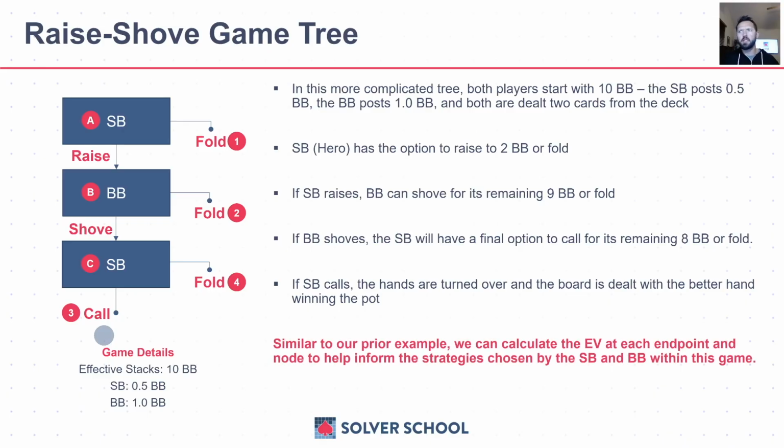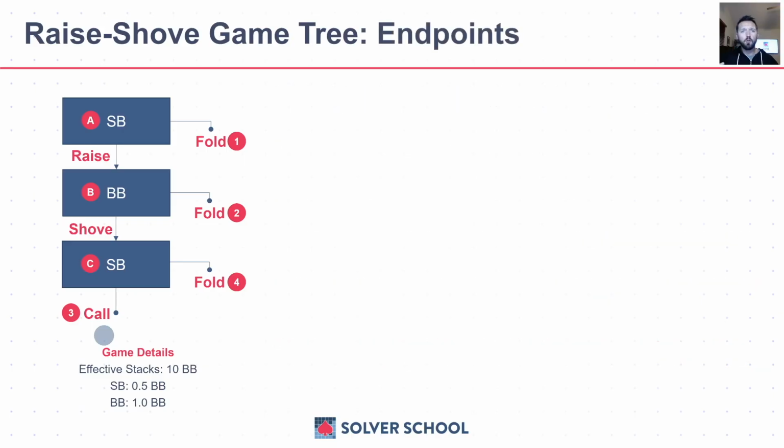Similar to our prior example, we can then calculate the expectation value at each of the endpoints and each of the nodes to help inform the strategies that are chosen by the small blind and the big blind within this game. So I'll go through this a little bit more quickly, because we've seen a little bit of how this actually works. Again, the easier examples first.